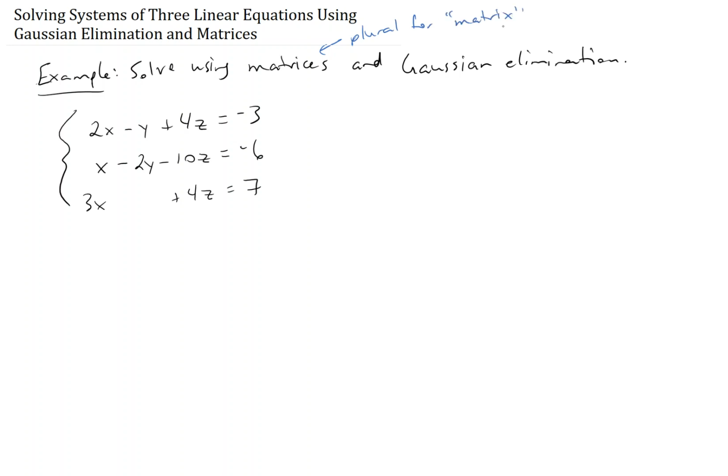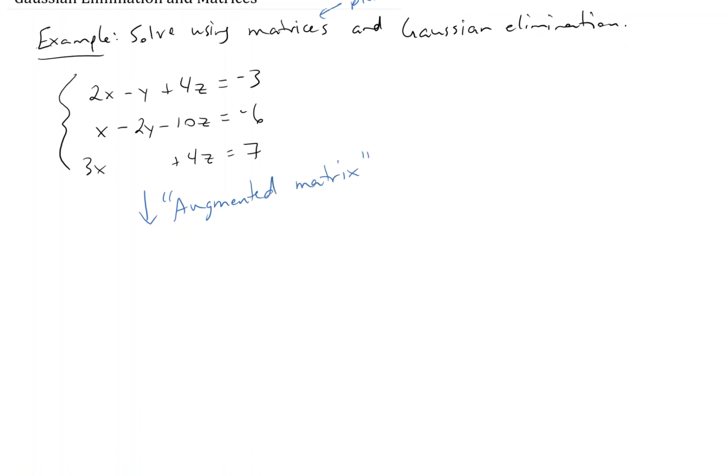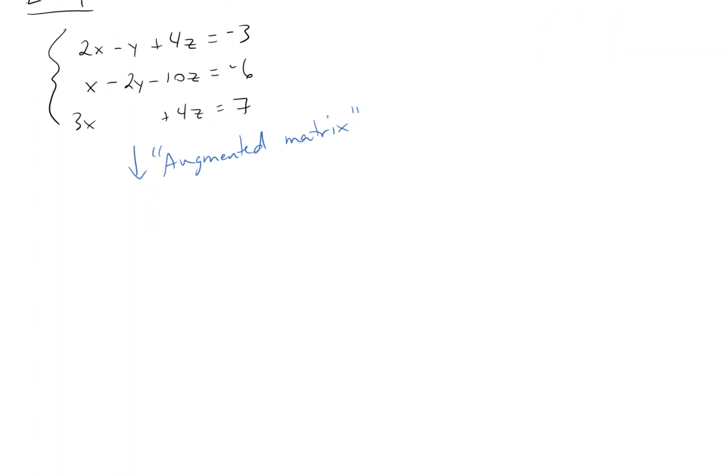A matrix is just a table of values, basically. So the first thing we would do is convert this system to an augmented matrix. Before you create your augmented matrix, the goal is to only use the coefficients and leave out the x, the y, the z, the equals.